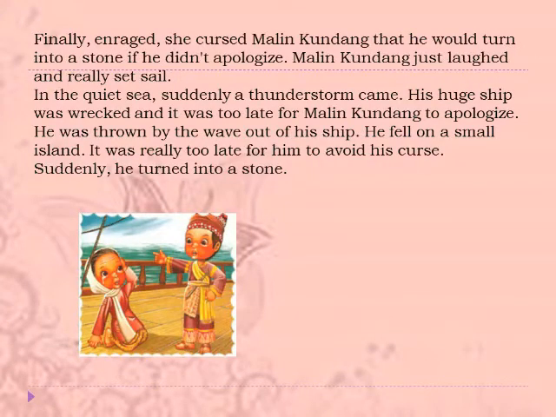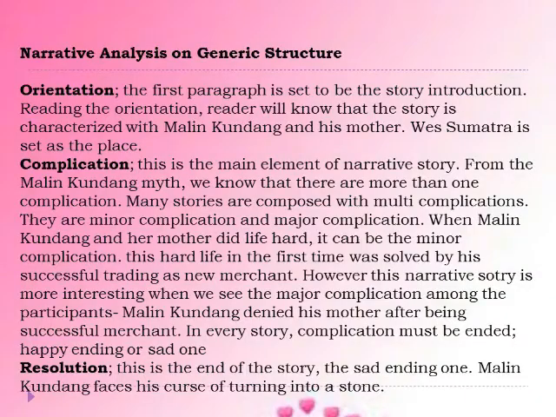And then here we have the generic structure analysis. Here we know the orientation of the Malin Kundang story. The first paragraph is said to be the story introduction. Here the characters are Malin Kundang and his mother, and the place is set in West Sumatra.